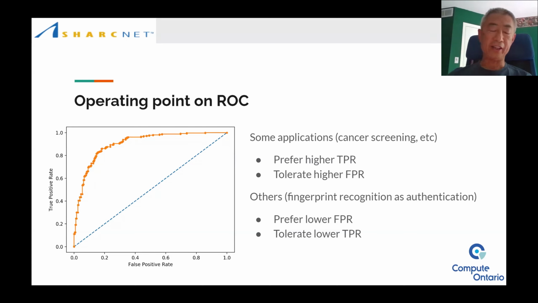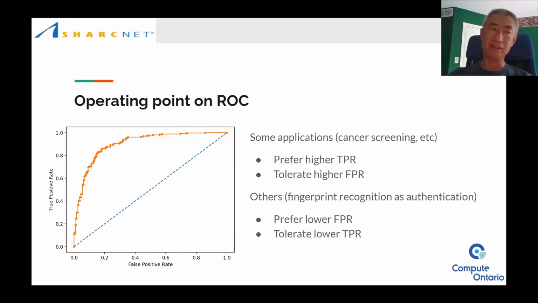But if you train a model that does a little bit better job than the random guess, the AUC should be greater than 0.5. The bigger, the better. And ideally, you can get 1. That's the maximum value for AUC.